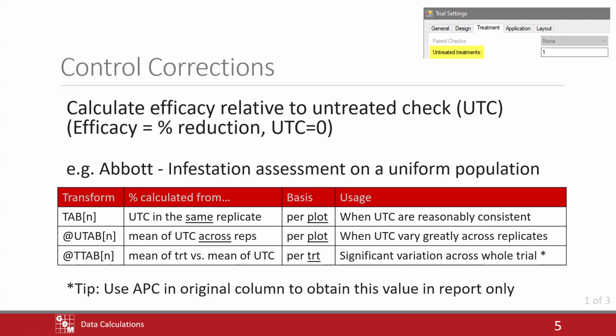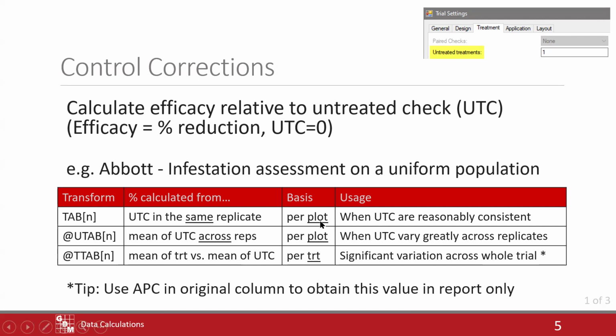So if I'm looking to calculate my percent efficacy of treatment 2, I would look at that one value in the calculation, find the check treatment in that same replicate 1, and do the percent reduction compared to just that check. And I do that, of course, for every value in my assessment column. So you end up with different values per plot.